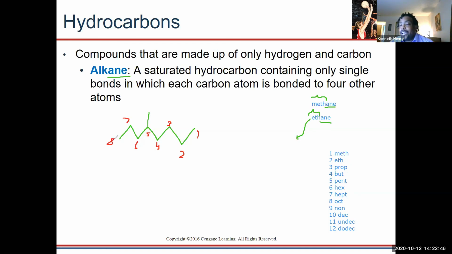And again, now you want to find the shortest distance to the one that's a priority. So now you have a side chain that is a priority, or that would be our longest chain there. But we'd start from this side because we want to get the shortest distance to that chain.